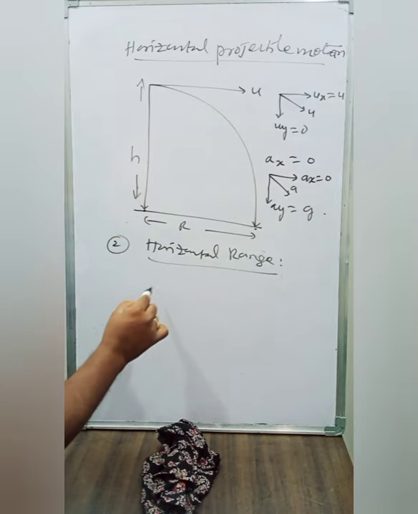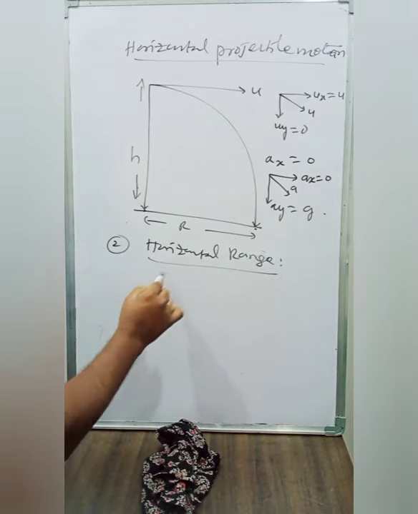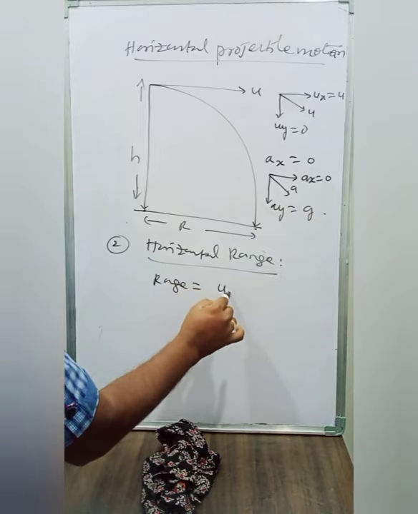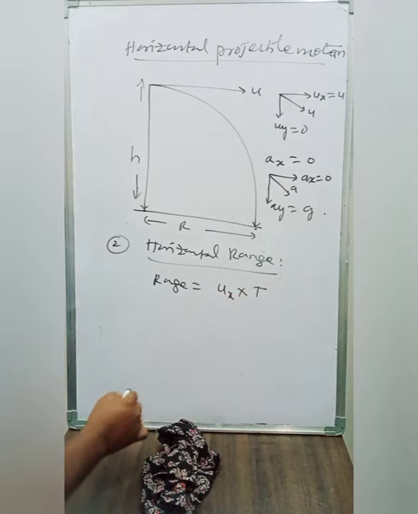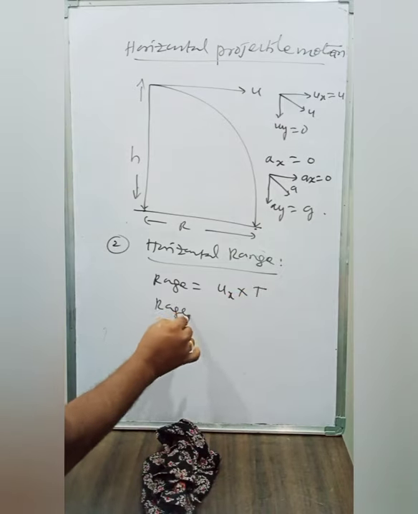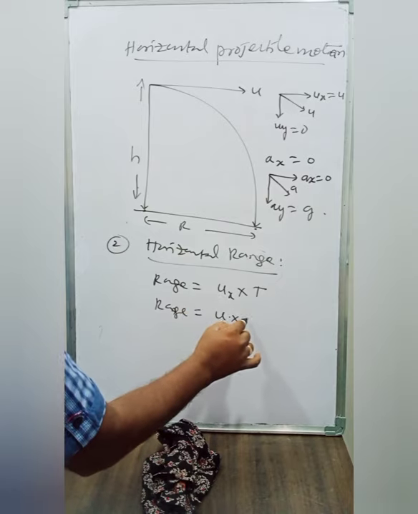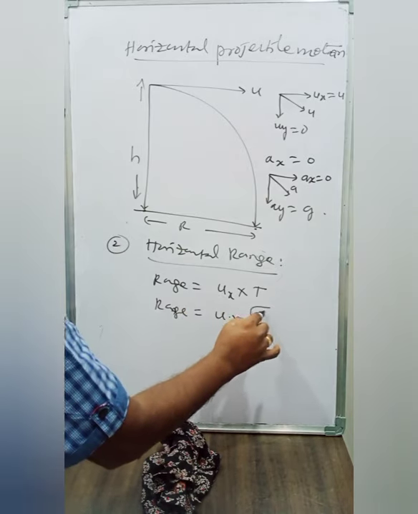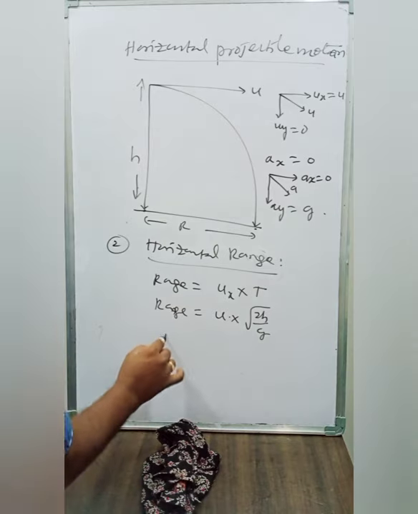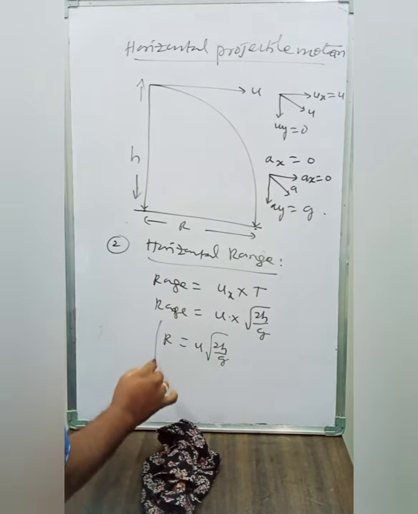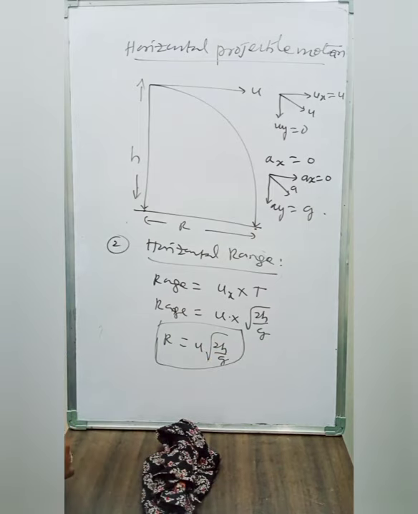So range is equal to the initial velocity component ux into the time of flight. Here ux is u and the time of flight is root over 2h by g. Therefore R is equal to u into root over 2h by g. This equation gives the horizontal range of the projectile.